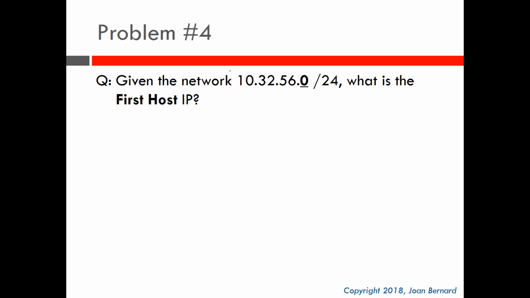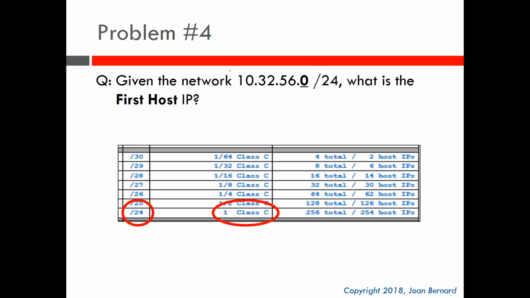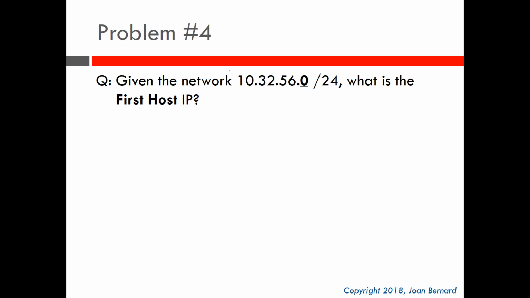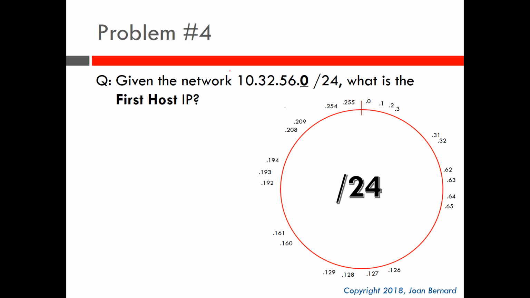Problem 4. Given that same network, 10.32.56.0/24, what is the first host IP? Once again, quick glance at the cheat sheet. /24 is one class C. One class C is one pi. And I take a look, I'm starting at .0, that's my network. Remember, I'm not allowed to give the network IP address to any devices on my network.